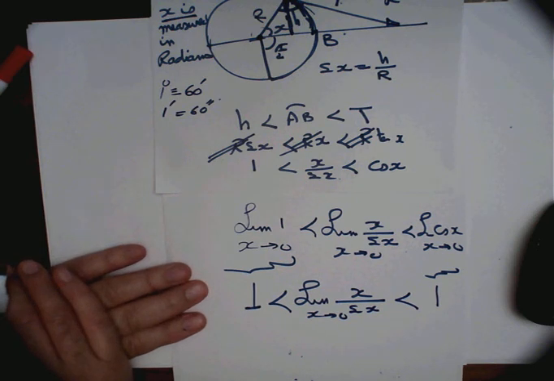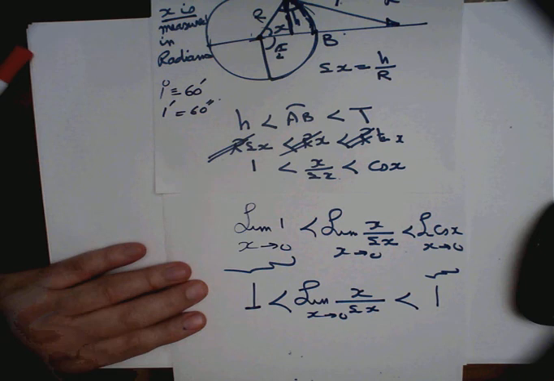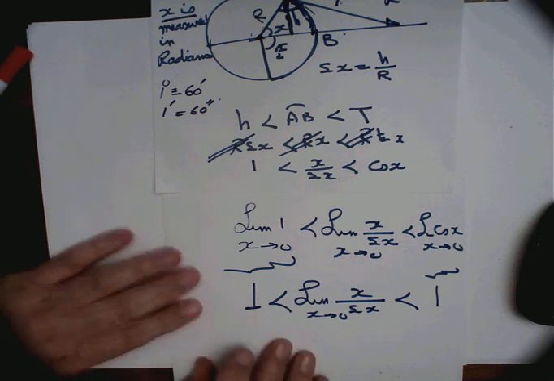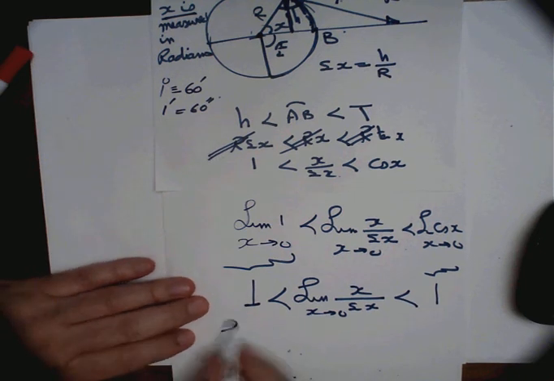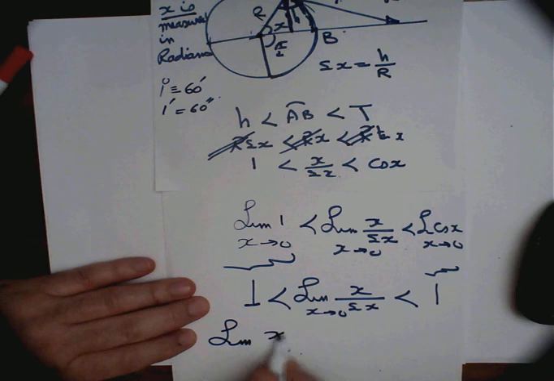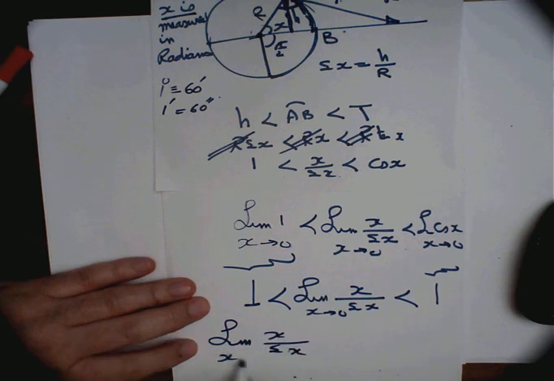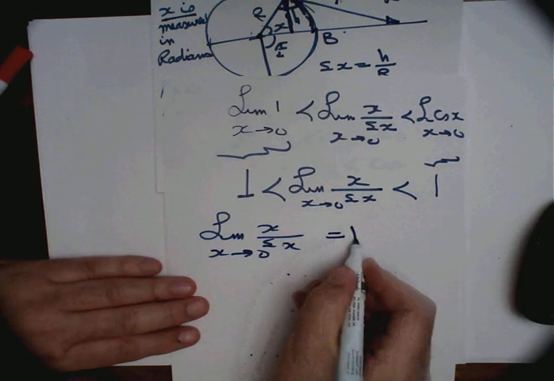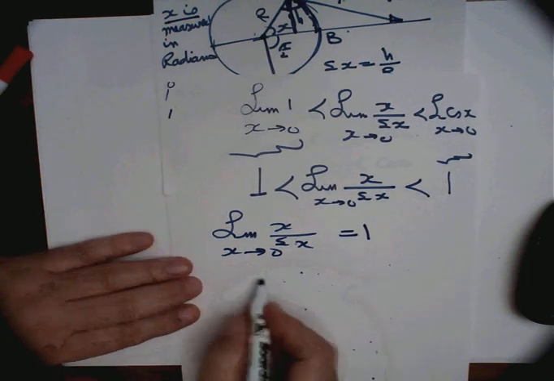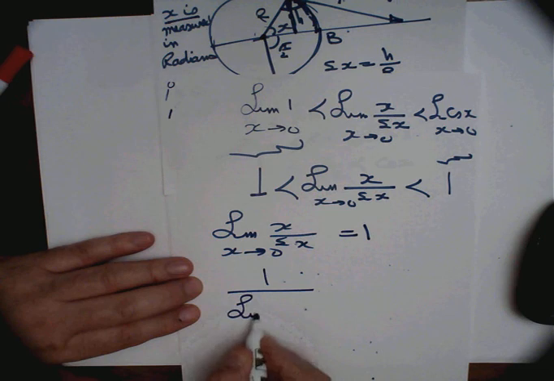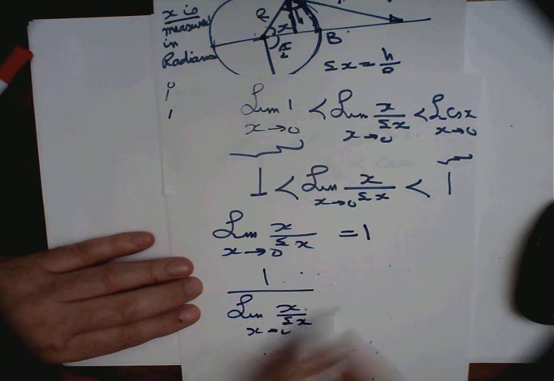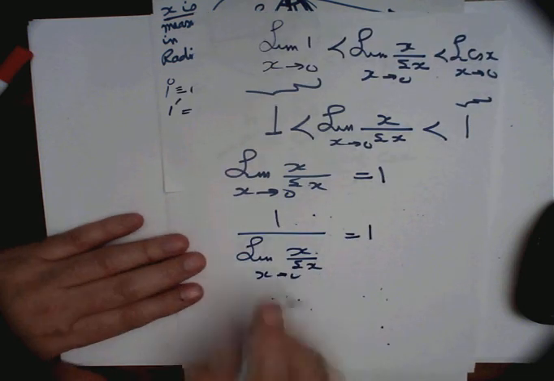This is called, as you remember, the squeeze theorem, or the sandwich theorem. So the limit of x over sin x as x approaches 0 is 1. Obtain the reciprocal of both sides. 1 over the limit of x over sin x as x approaches 0 is still 1.